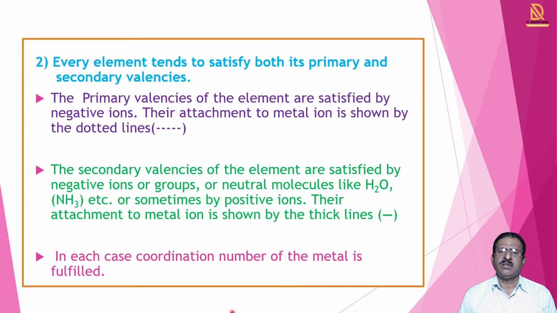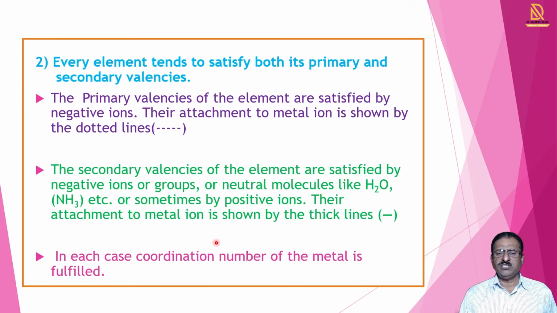So the metal satisfies the primary valency, but it is only for balancing the charge; it does not balance the coordination number. These valencies are attached to the metal and are shown by dotted lines, because they are not directly attached, they are indirectly attached, for balancing the charge of that metal.